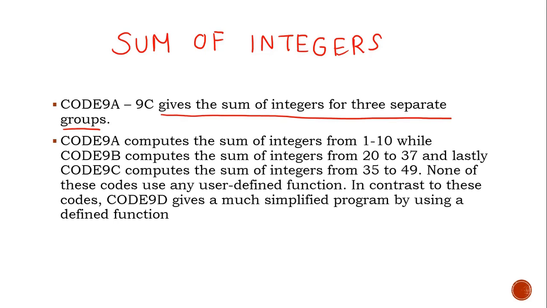We have code 9a, which computes the sum of integers from 1 to 10, code 9b, which computes the sum of integers from 20 to 37, and lastly code 9c, which computes the sum of integers from 35 to 49. None of these use any function. To see the difference, we will show you in code 9d that we can give a much simplified program by using a defined function.